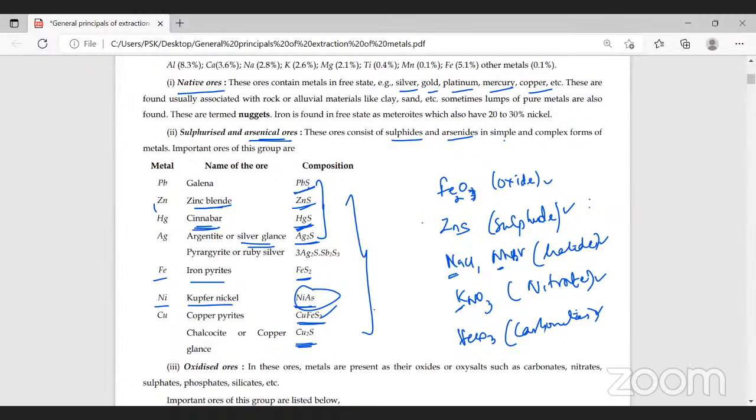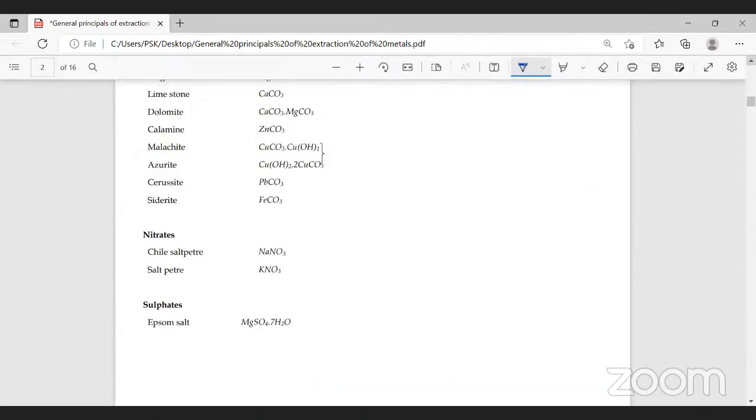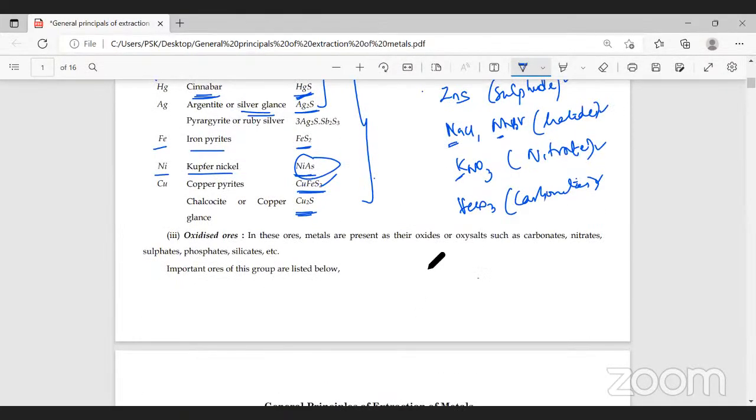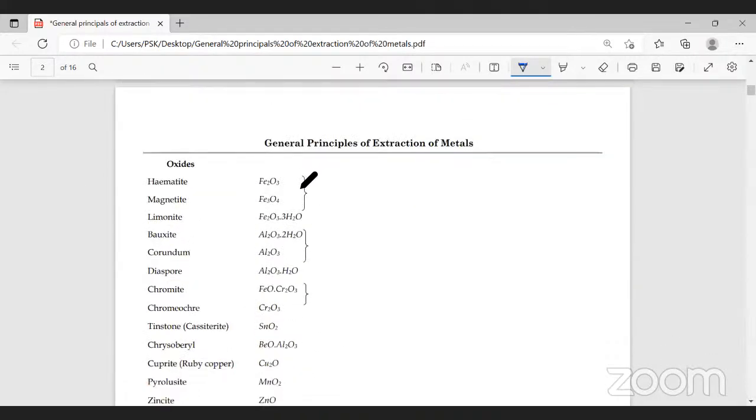Next is oxidized ore. What do we mean by oxidized ore? In these ores, metals are present in the form of their oxides or oxysalts, such as carbonates, nitrates, sulfates, phosphates, silicates, etc. Hematite is Fe2O3, an ore of iron.